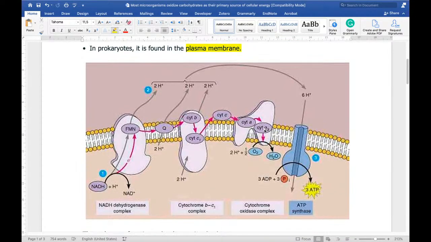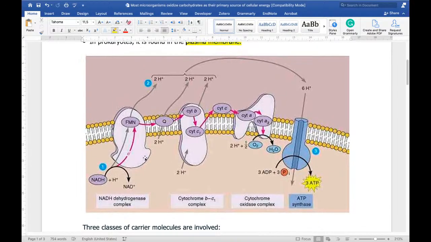Right? Here we can see this very nice diagram where we have an NADH dehydrogenase complex, then a cytochrome BC1 complex, and then a cytochrome oxidase complex. These complexes have various molecules which will produce our ATP at the end.